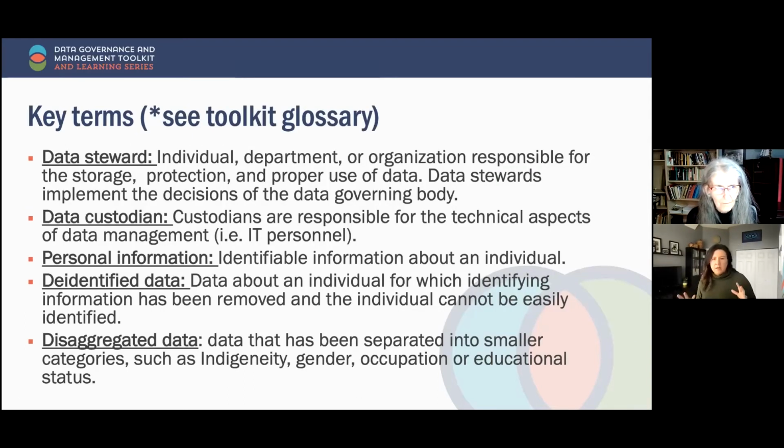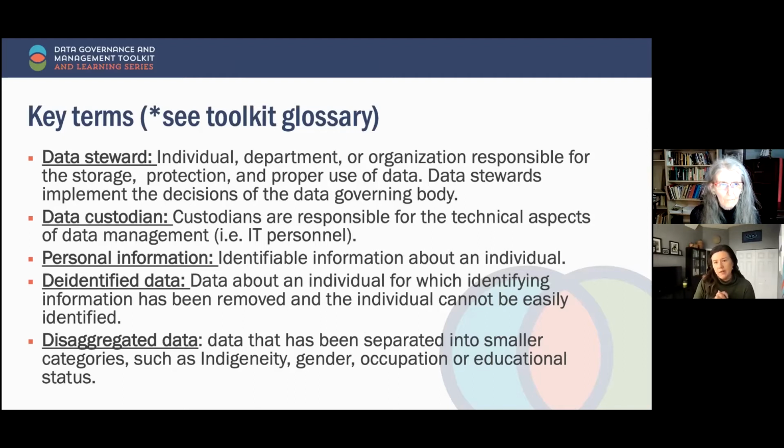This is the last slide on key terms. These terms relate to some of the data governance processes we're going to speak through today. So data steward, we're going to talk about what a data governance structure looks like within an Indigenous government context. A data steward is a specific part of that process. It's an individual or department within your government that would be responsible for data within their section.